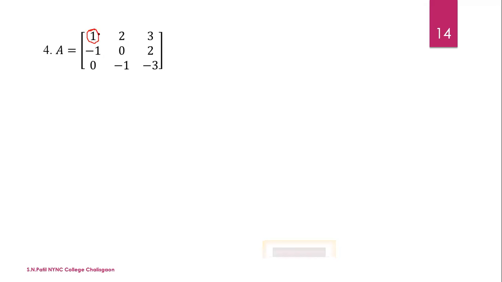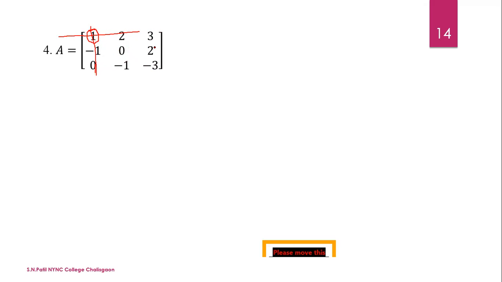Minor of this first element is obtained by deleting row and column. The remaining determinant is the minor of that particular element. You can take any element.